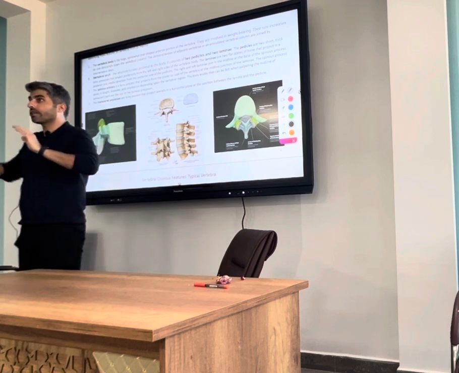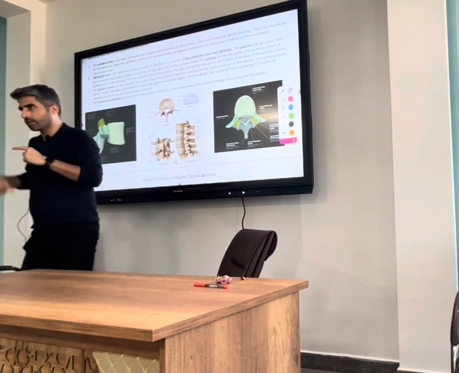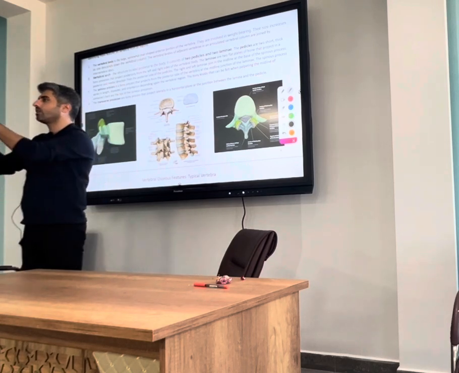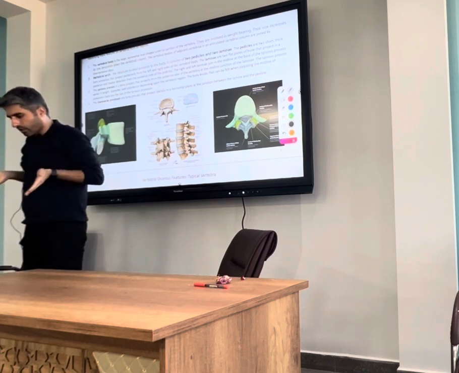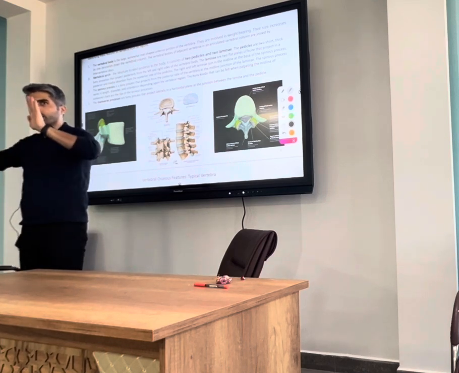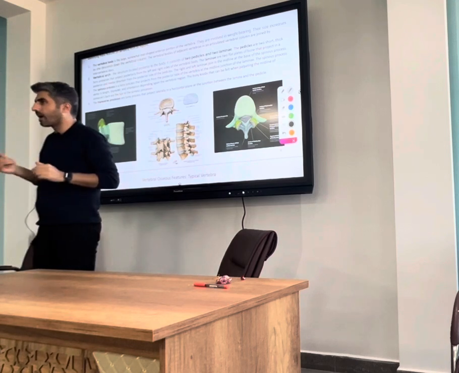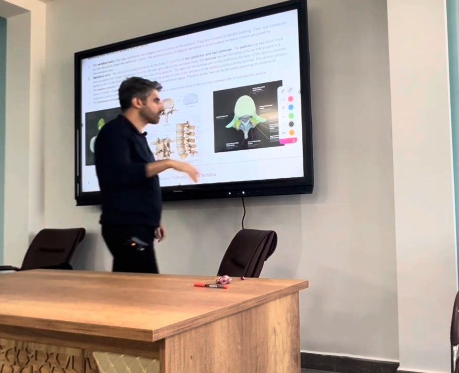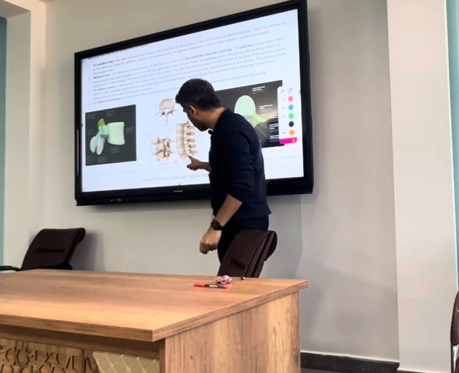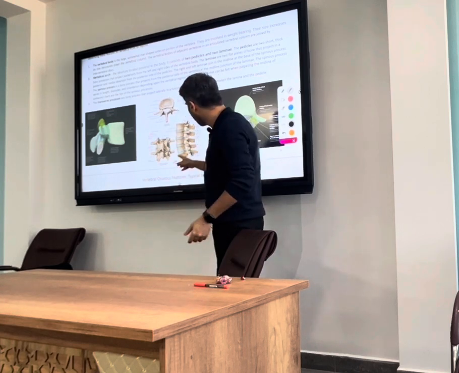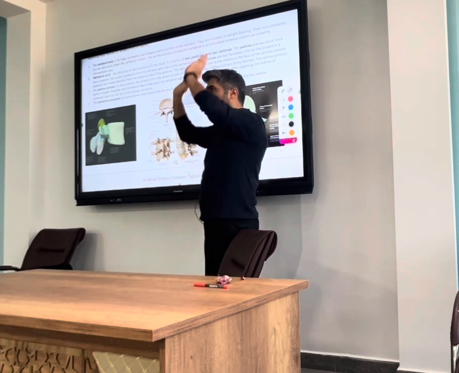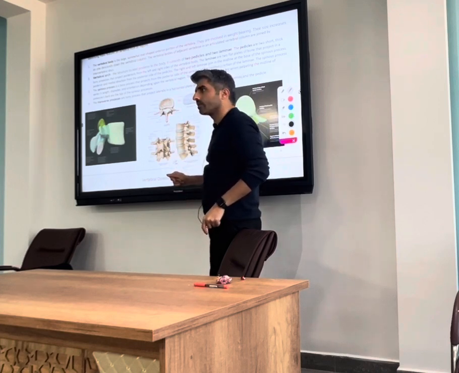Why? Because they attach to the up bone and down bone. For example, T10 attached to the T9 and to the T11 by this superior process and inferior process. Where is the location? Look at here. This is inferior articular process, but this one superior articular process.